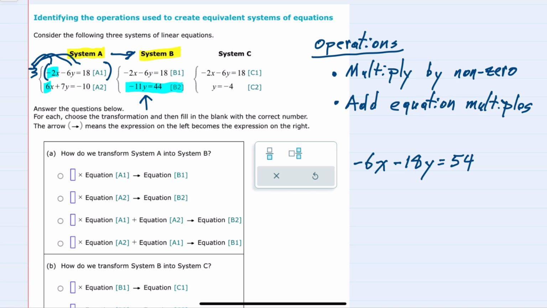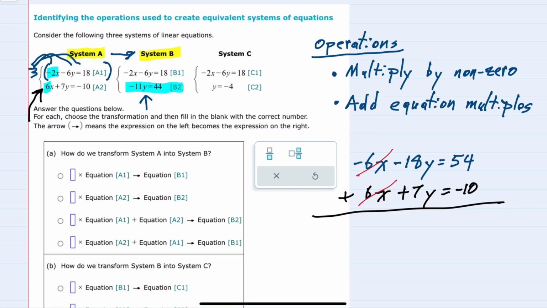And then I can see that if I add that second equation, which is the 6x plus 7y equals -10, if I add these two equations, on the left, those x's cancel. -18y plus 7y is a -11y. 54 plus a -10 is 44. This is the second equation in System B.